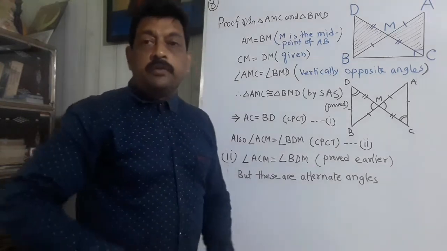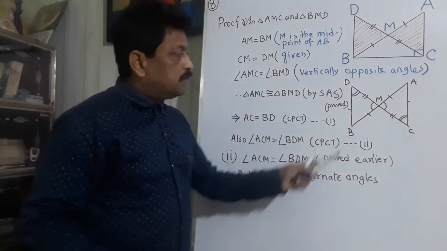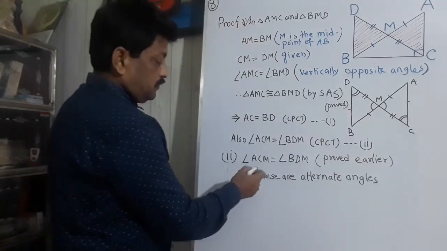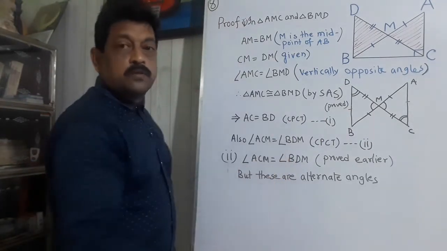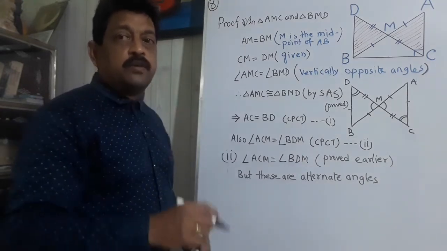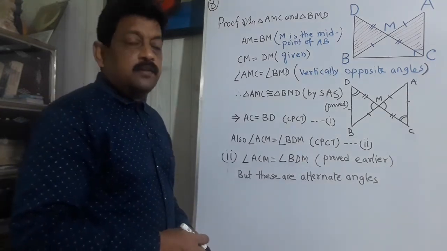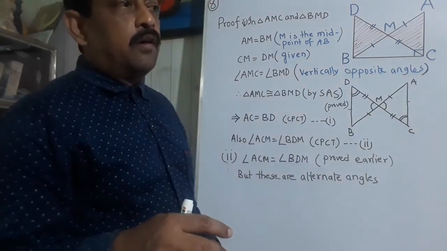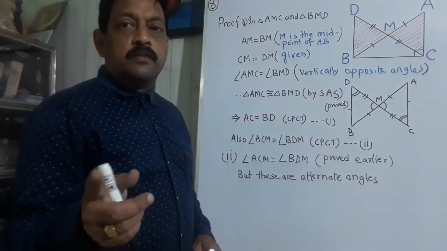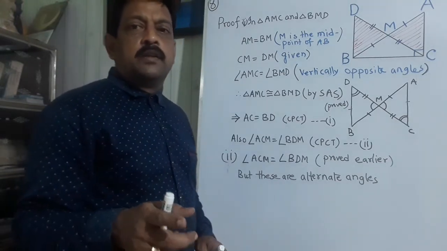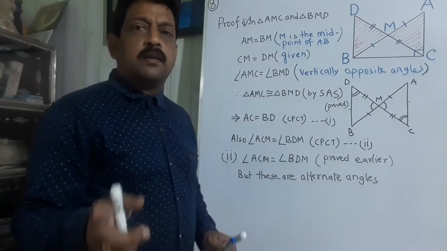These two are alternate angles. So what we are getting from here, that what happens when alternate angles become equal? These are the alternate angles and they are equal also. So what happens? The lines become parallel. This is the theorem of alternate angle, where we know that if two lines are parallel, then their alternate angles are equal. Conversely, if two alternate angles are equal, then the lines are parallel.